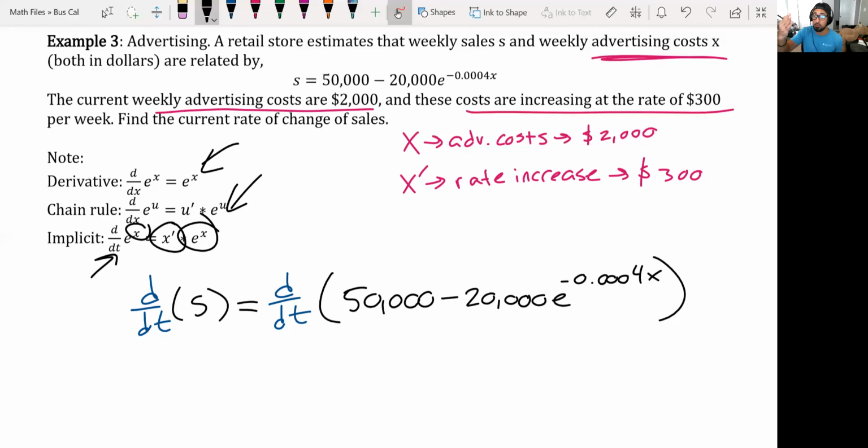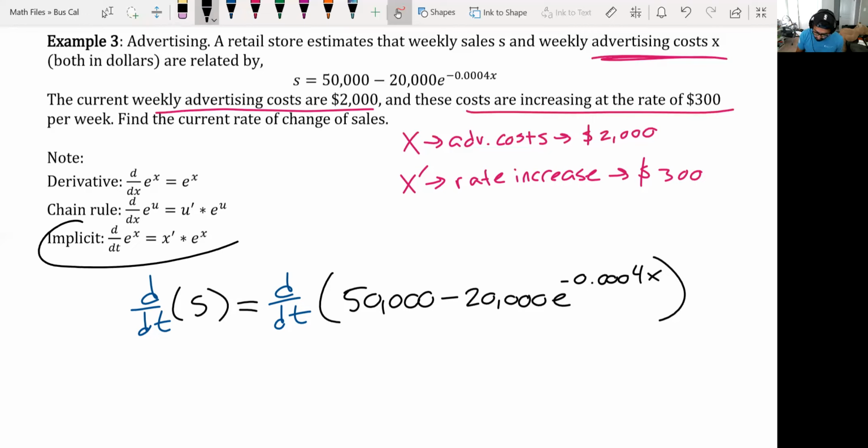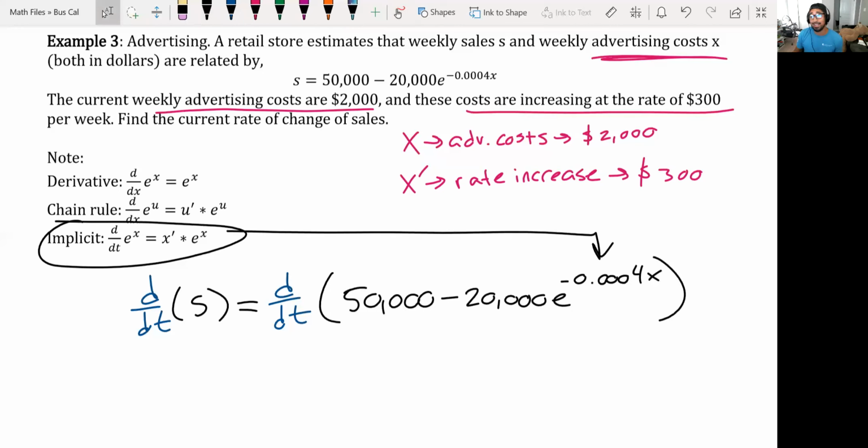So it's whatever the implicit derivative of the function in the exponent is, times the original function. So we are going to be using this property on this e. So don't worry, it's not bad.